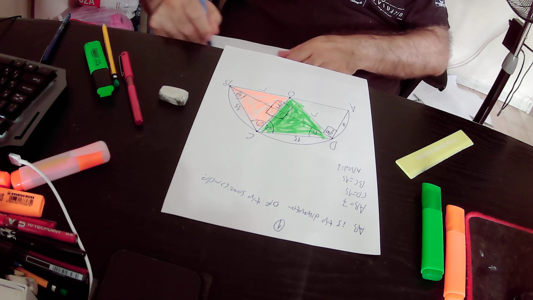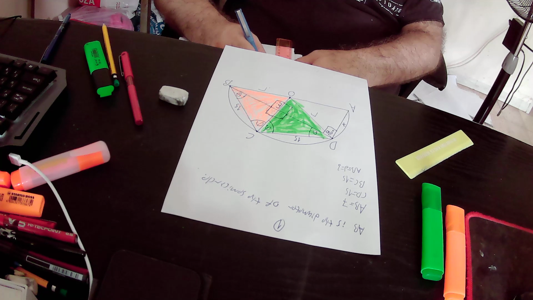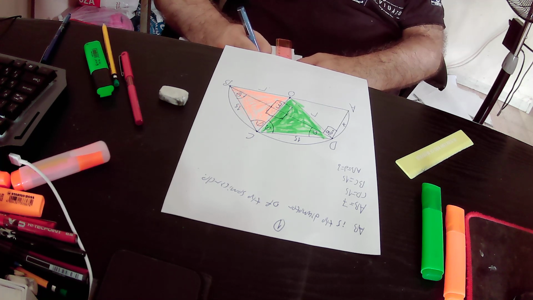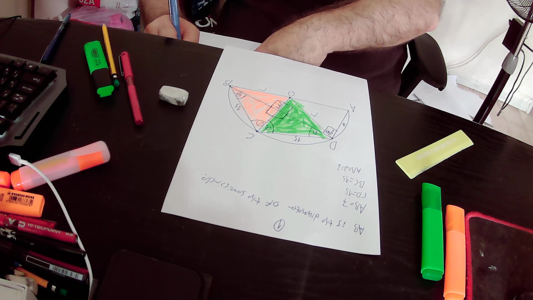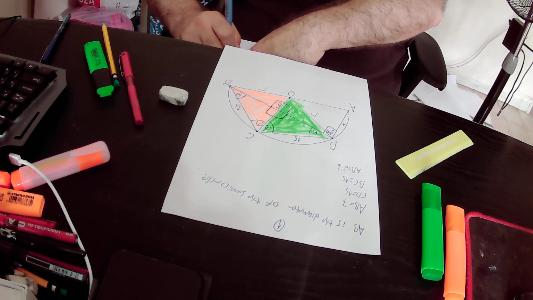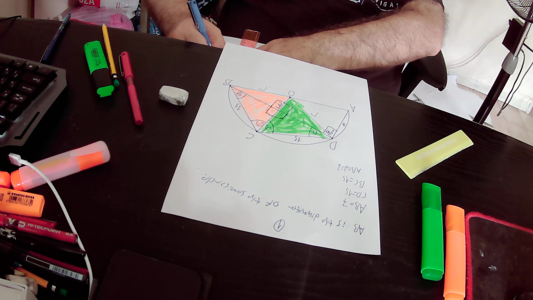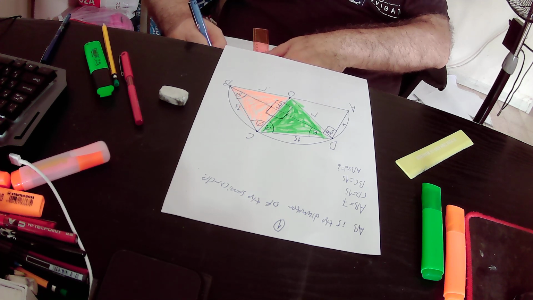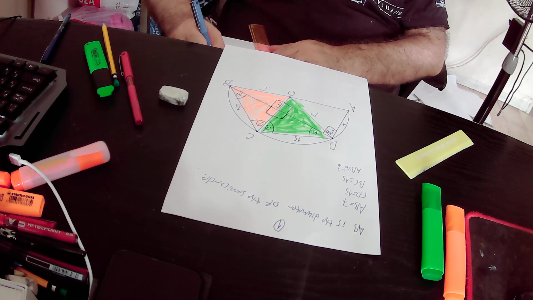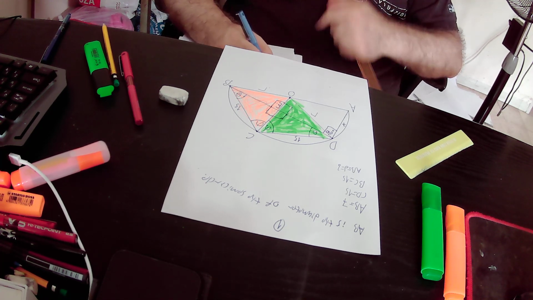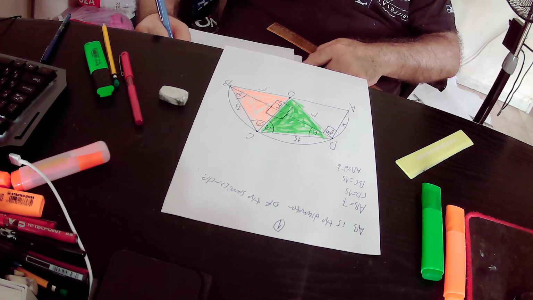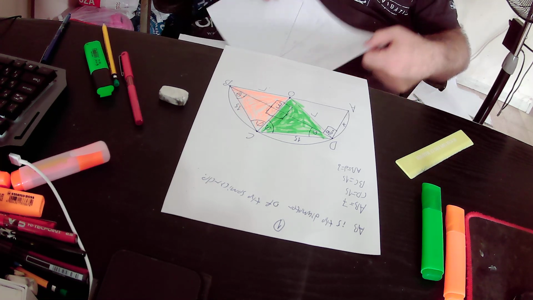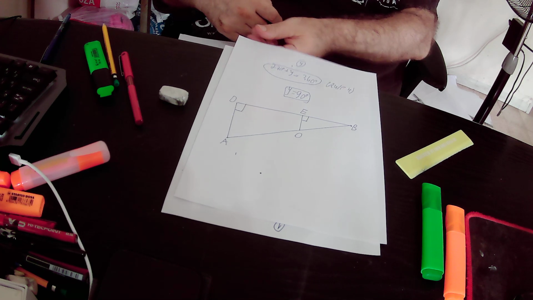So here we have the right triangle, triangle ADB. So I draw again those two right triangles.